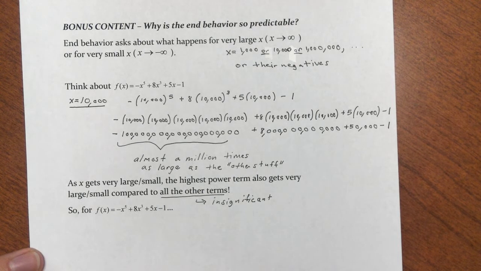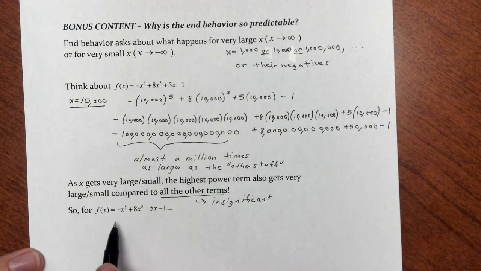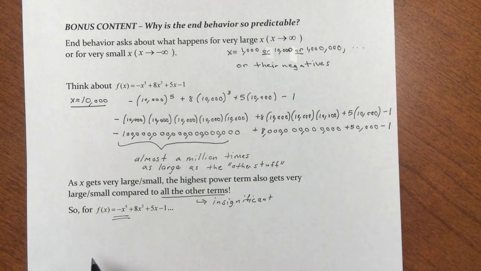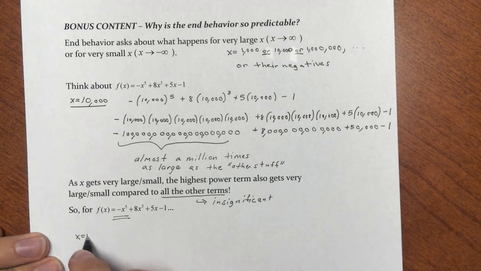So if I'm looking at this, if I said f of x equals negative x to the fifth plus 8x cubed plus 5x minus 1, I know that for big x's, all I really need to consider is negative x to the fifth. If I put in something like 10,000, then what am I going to have?